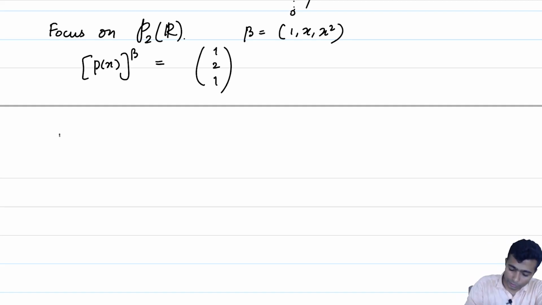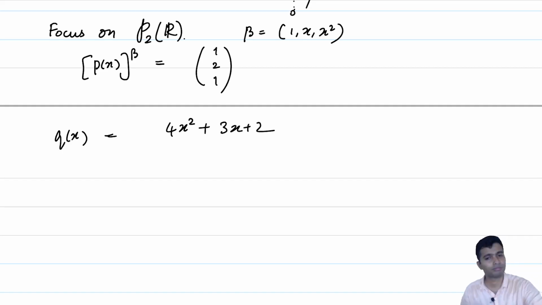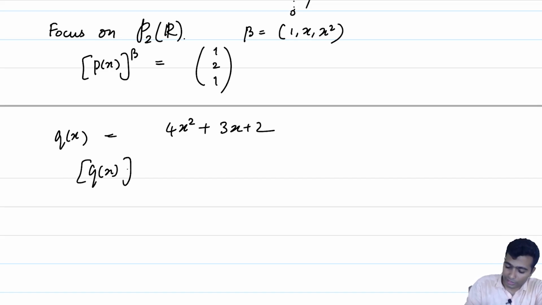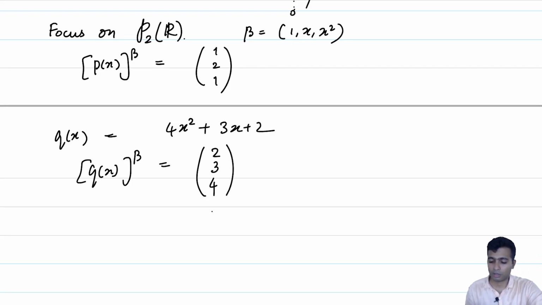Okay, let us now consider q of x to be equal to 4x square plus 3x plus 2, some other polynomial. It's a symmetric looking polynomial, at least with respect to this basis. What is q of x with respect to our beta? This is 2 3 4. You should check this out. Now beta, there is no natural order in which we should be considering these vectors.